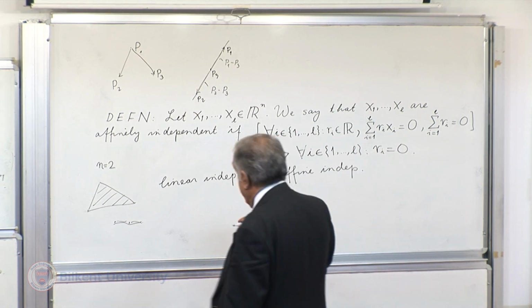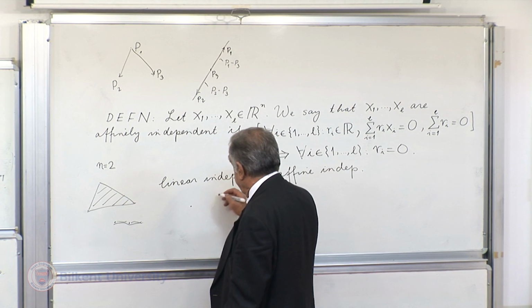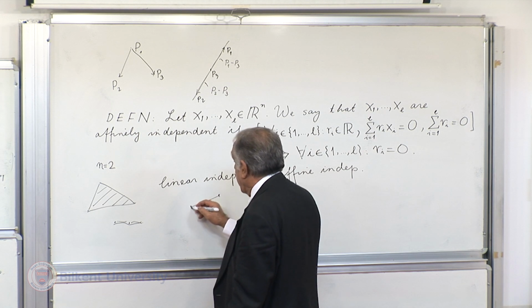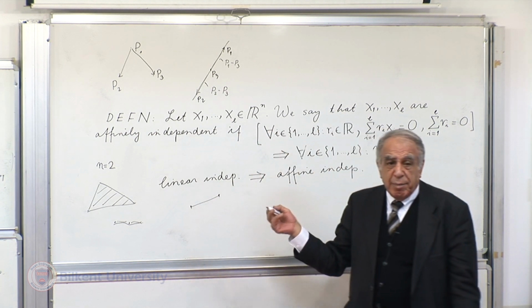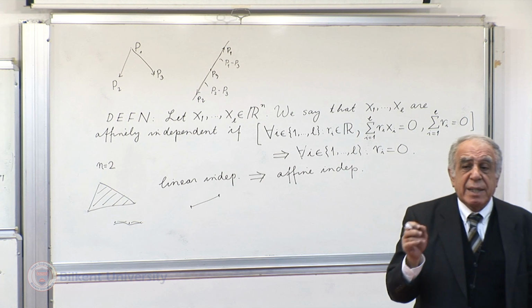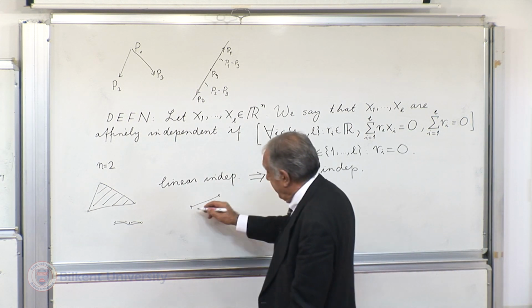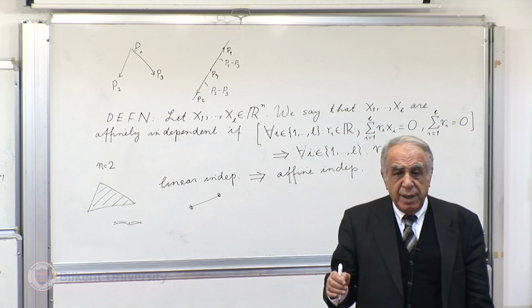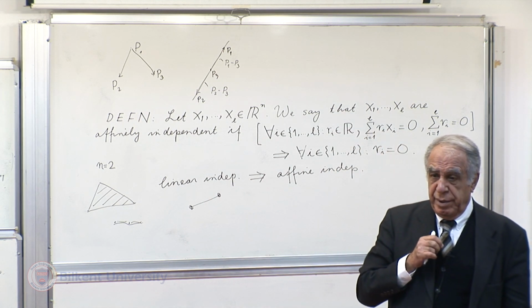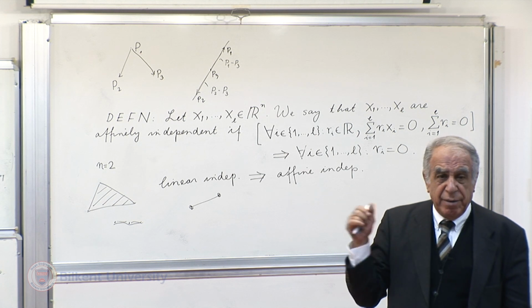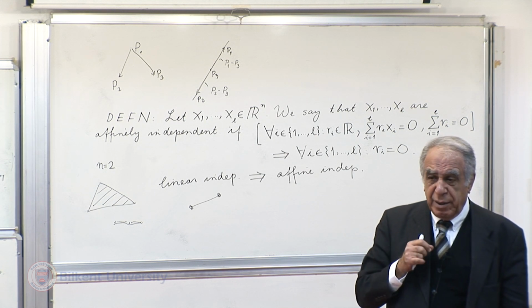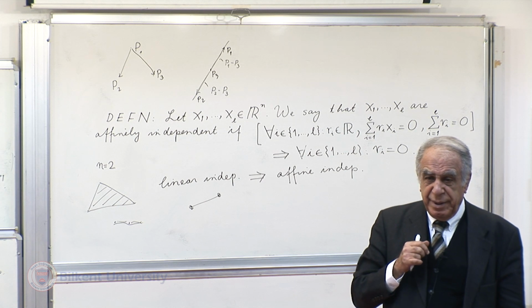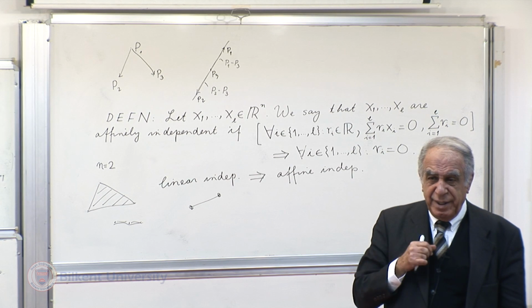A line segment can be regarded as the convex hull of 2. Will these be affinely independent if I take 2 of them? If they're different?